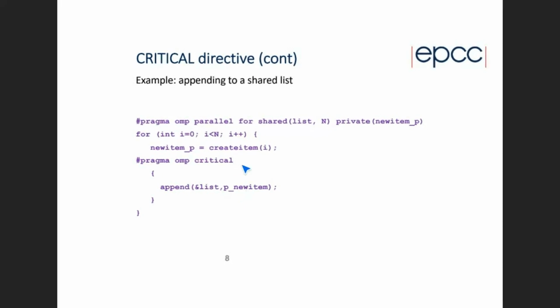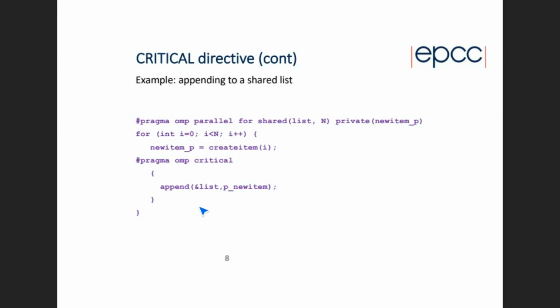For a single block, the first thread to arrive will execute the block of code. All the other threads don't execute it. They skip over it and wait at the end. It kind of feels like it ought to be similar, but it's actually not. For critical, every thread will execute the block, but only one at a time.